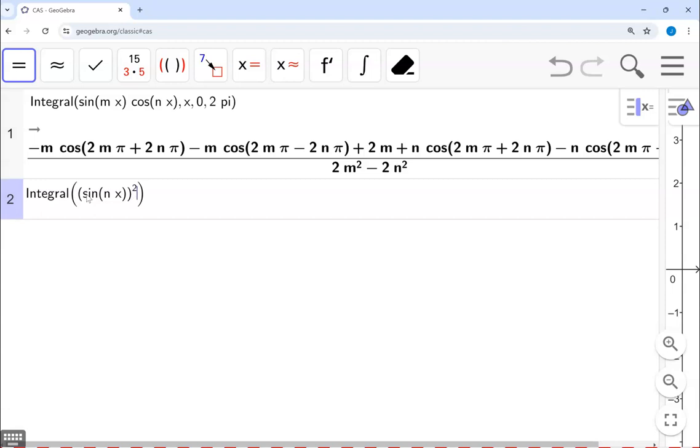That's the function we need, right? That's the inner product of sine with itself. Again, I've got two variables in there, an n and an x. We want to integrate this with respect to x, so I tell GeoGebra what variable I'm integrating with respect to. And again, the interval is 0 to 2 pi. So we do the integral from 0 to 2 pi.